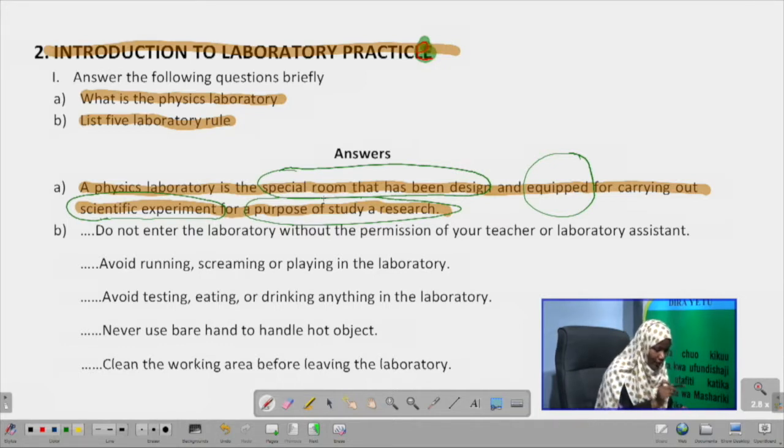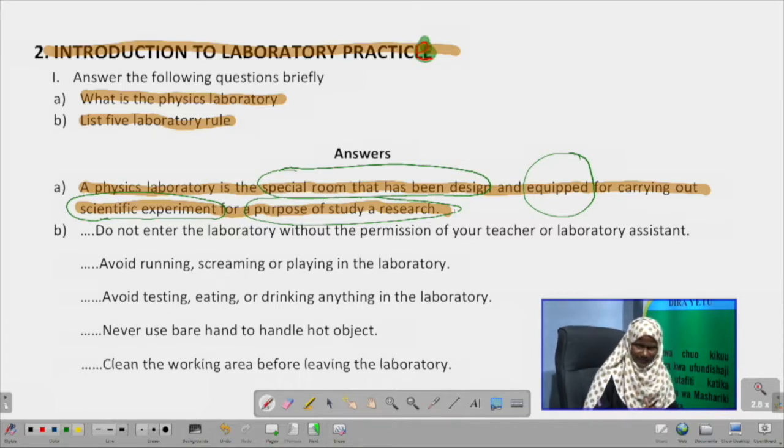Okay, so a physics laboratory is a special room that has been designed. So we should have a room that we have specially designed and equipped. To equip means to put some equipment, some tools in that room for carrying out scientific experiments. As I said before, scientific experiments are all activities that are specifically handled and taken care of so as to get certain results for the purpose of study or research.